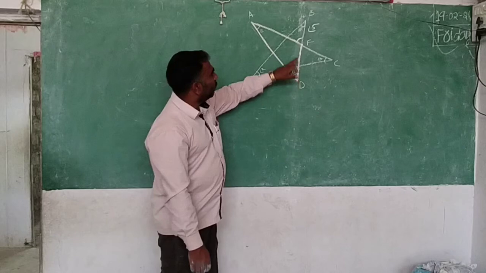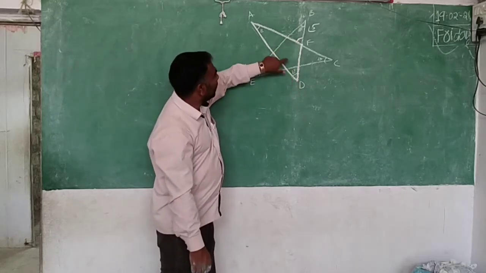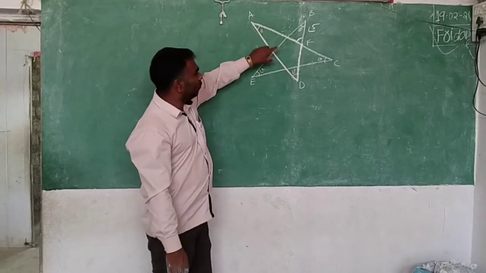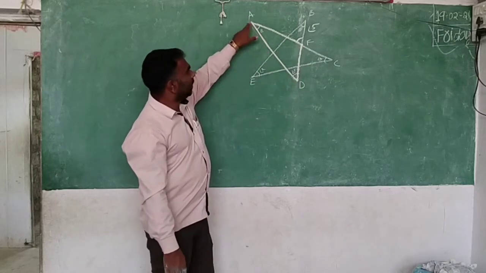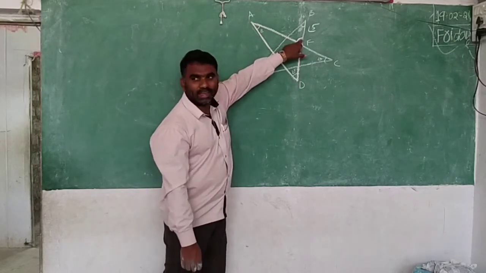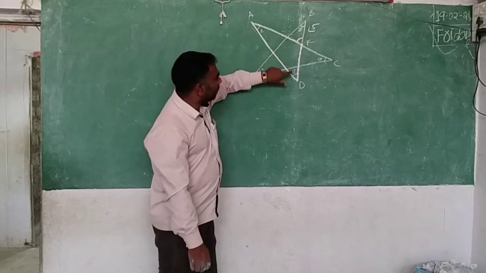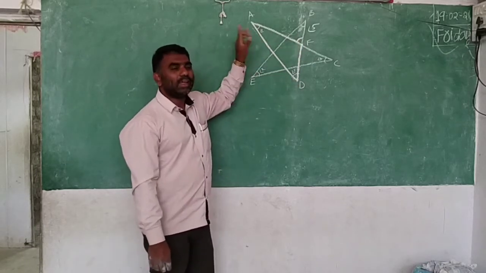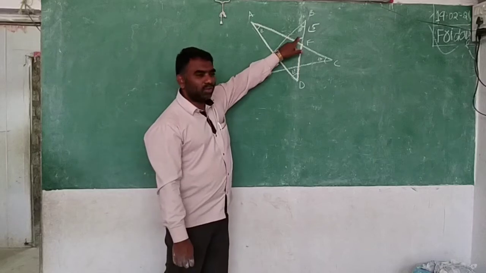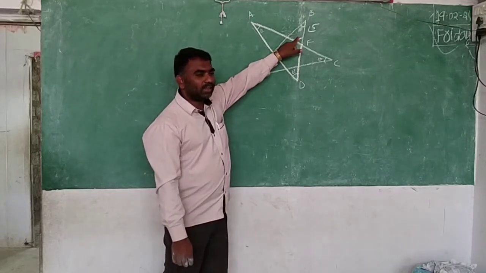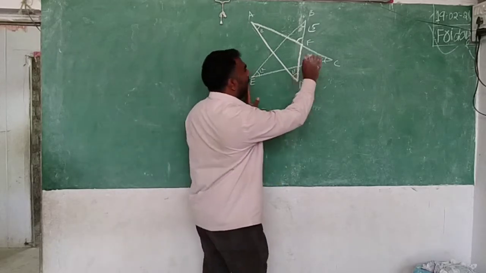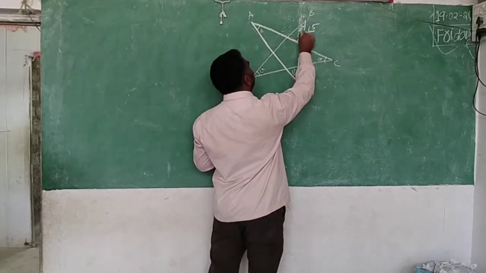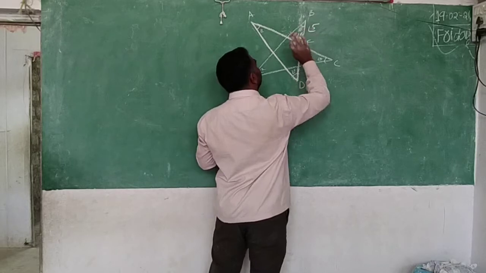These two are the interior angles, so you can find the exterior angle by adding these two. First of all, I am writing this angle as angle 6.